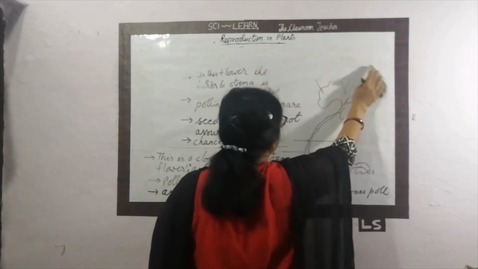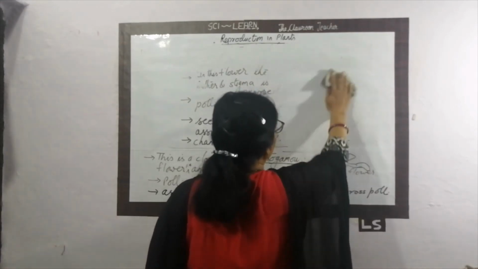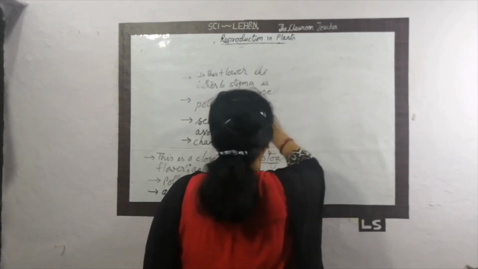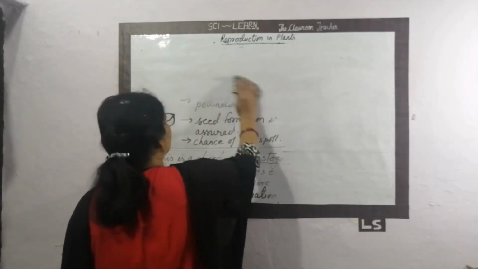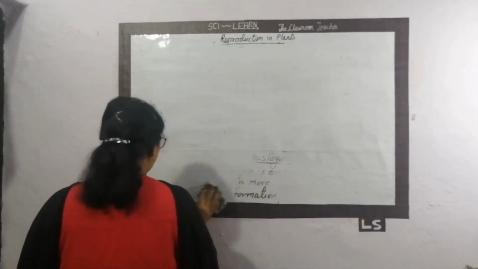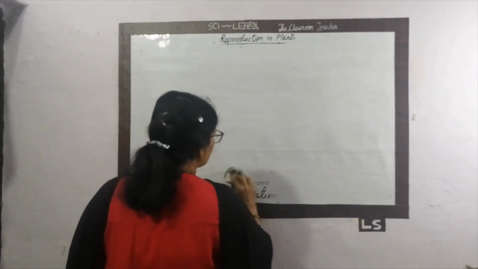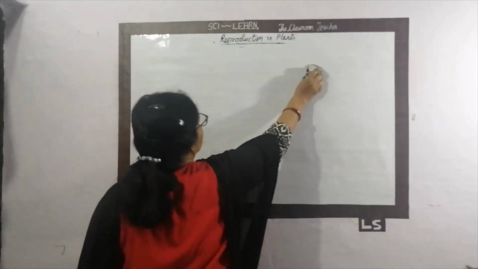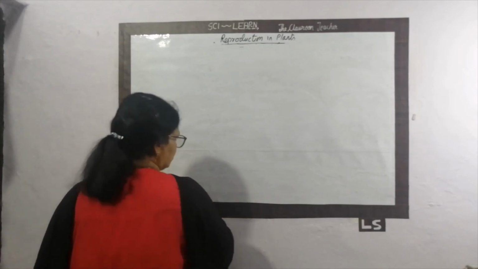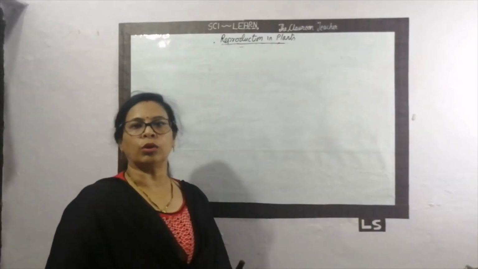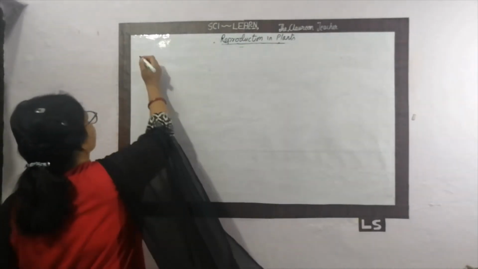Now let's see what is the difference between autogamy and GEITONOGAMY? GEITONOGAMY and autogamy both are processes of self-pollination only, but they are a little bit different. The first type of self-pollination is called autogamy, and the second type of self-pollination is called GEITONOGAMY.